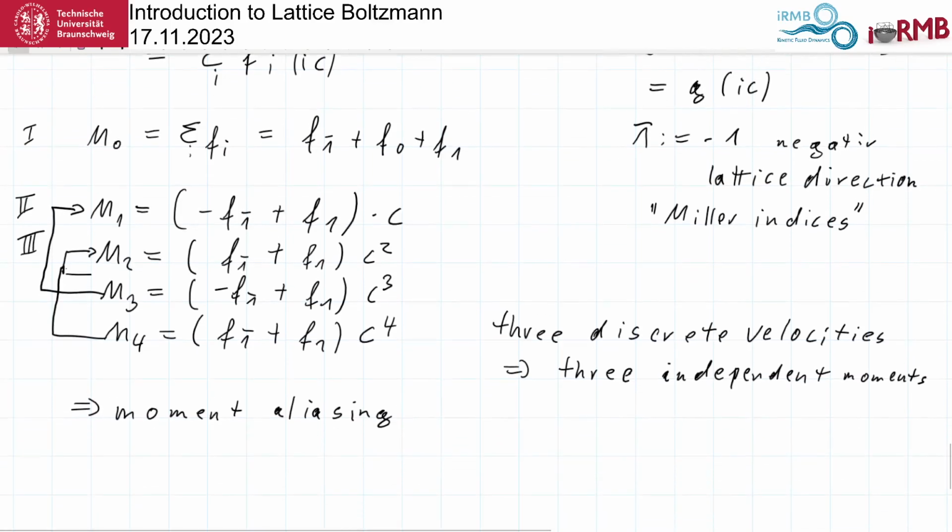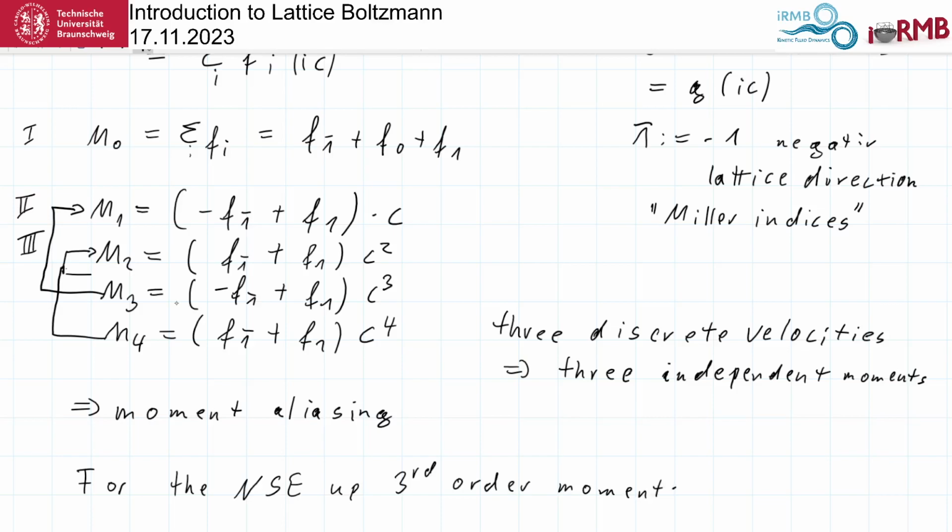Now, is this a problem? Yes, it's going to turn out to be kind of a problem. Because, especially for the Navier-Stokes equation, we need up to third order moments. Do we have up to third order moments? We have 3 moments, so this sounds good, right?